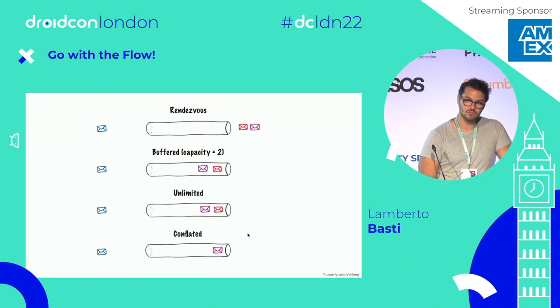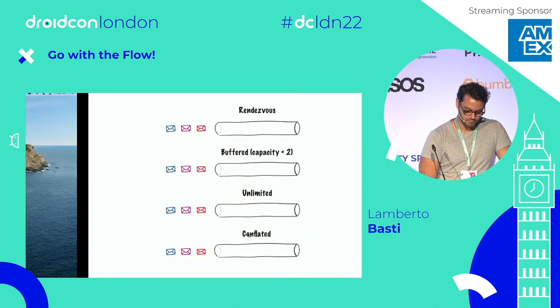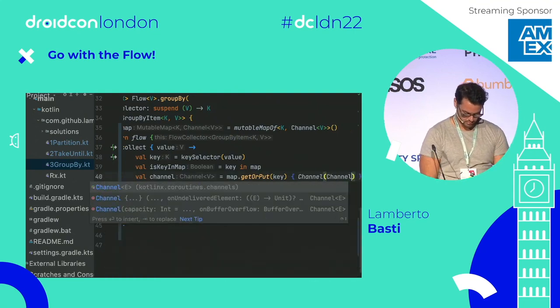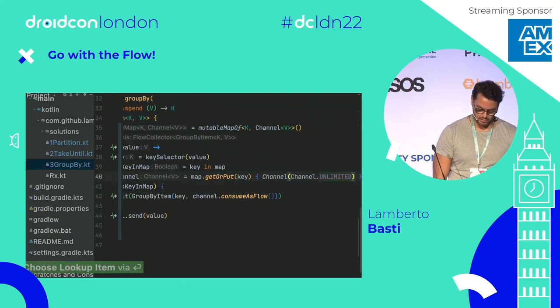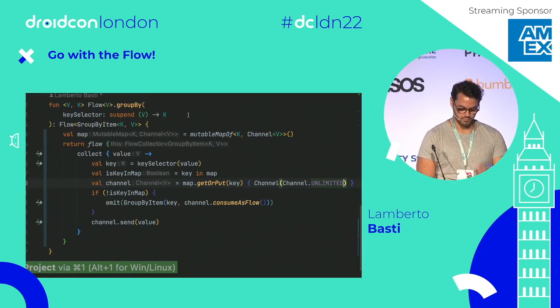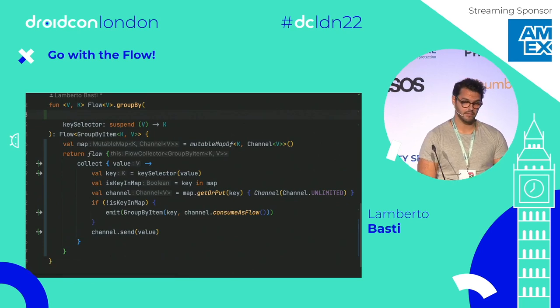Now we're just going to use something simple this time: channel.unlimited. But the point is that maybe, just maybe, the user of these functions wants to handle the back pressure.